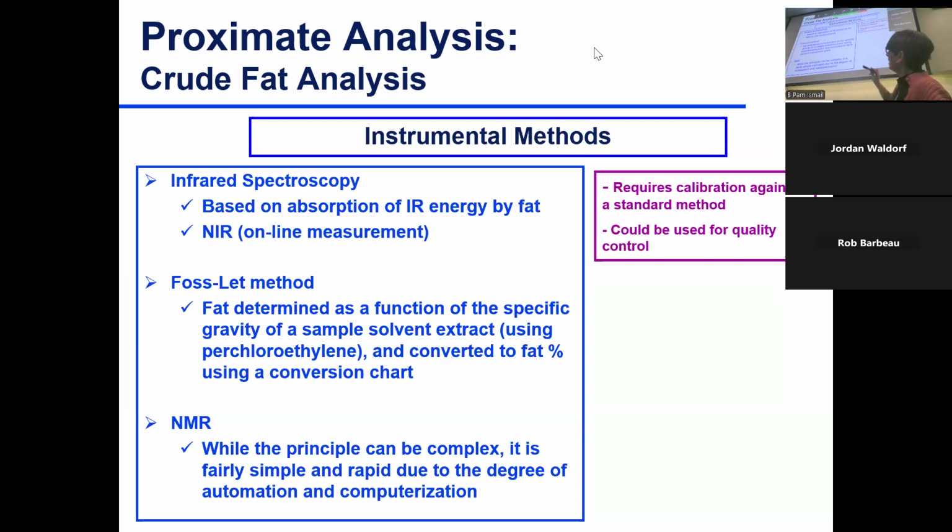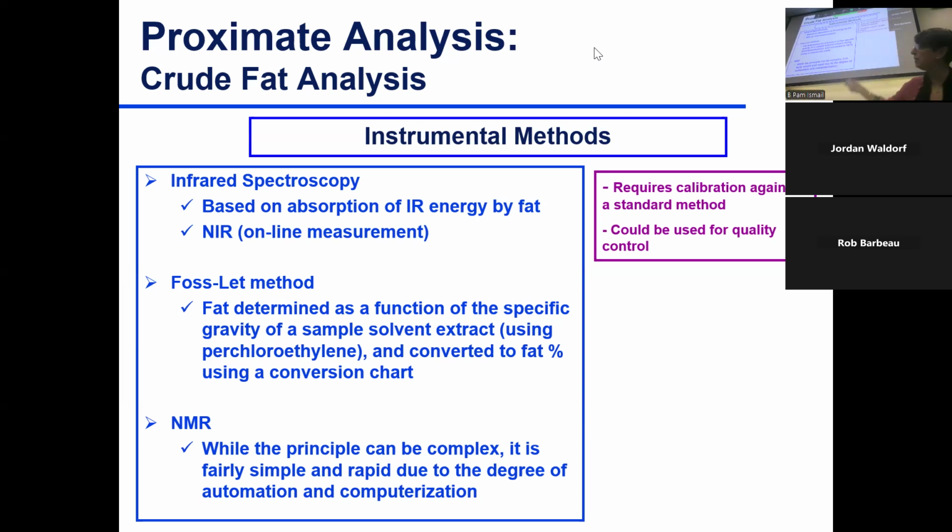The other method is really determining your fat content based on density. So you extract the fat in a solvent, and you have your solvent and the fat with the solvent.